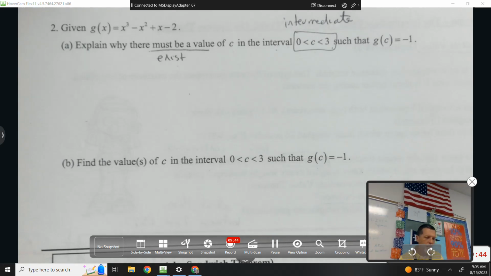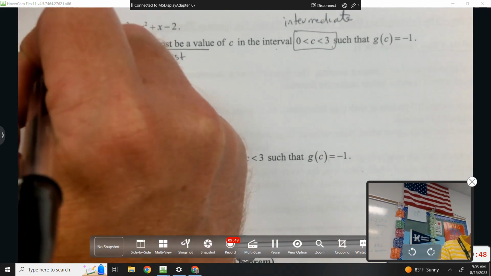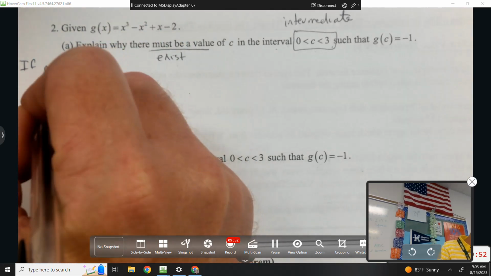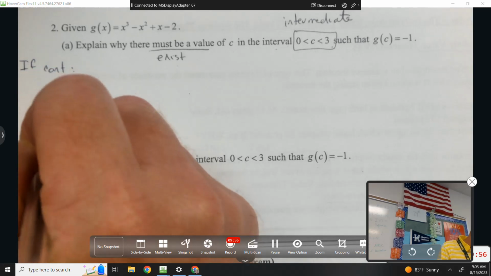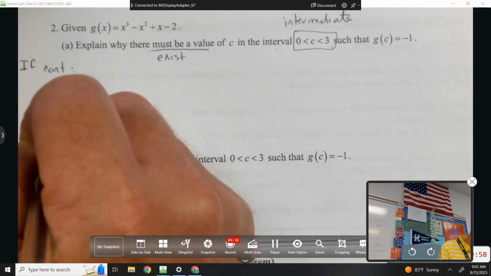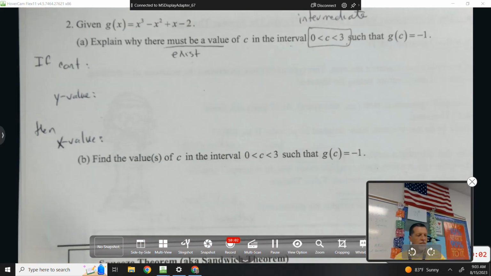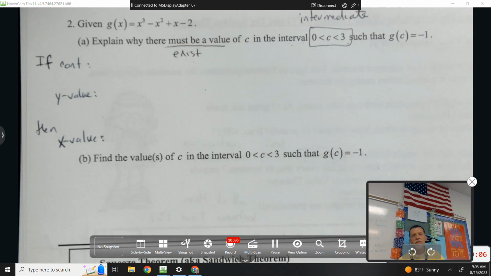Okay, so our 3 steps: if continuous and y values, then we make some statement about the x value. So that alone doesn't get us many points, but sort of outlines the process for what we're going to follow.